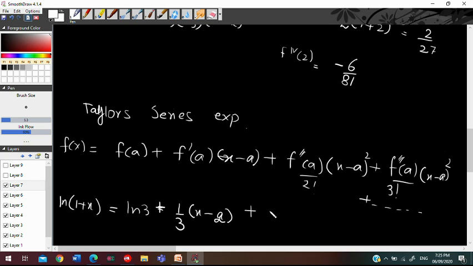Plus f double prime of a, the value was minus 1 by 9, divided by 2 factorial into (x minus 2) square, plus f triple prime of a is equal to 2 divided by 27, divided by 3 factorial into (x minus 2) cube, and so on.